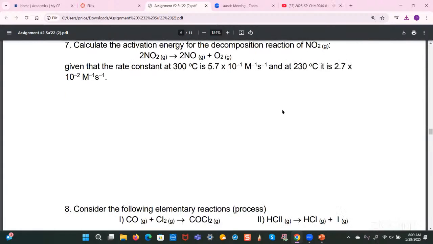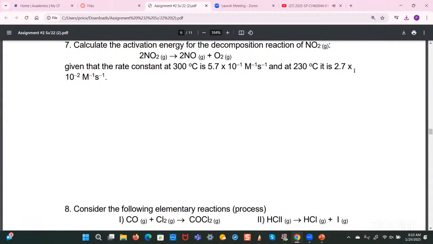Okay, here it is right here. Okay, so this question says calculate the activation energy for the decomposition of NO2. It gives you the equation and then it gives you 2 data points, right? It says that at the temperature of 300 degrees, the K value will be 5.7 times 10 to the minus 1. And then at 230 degrees, the K value is 2.7 times 10 to the minus 2.